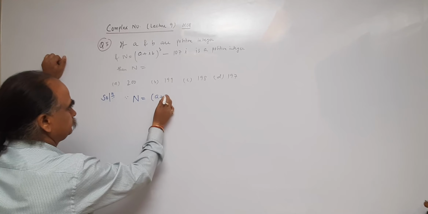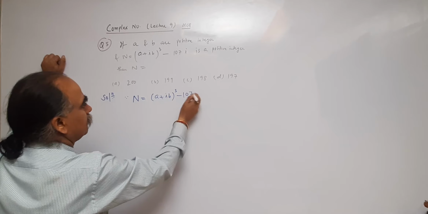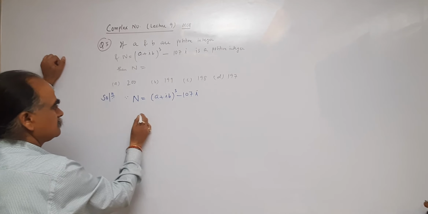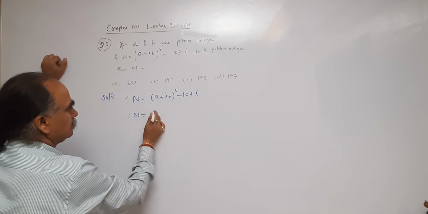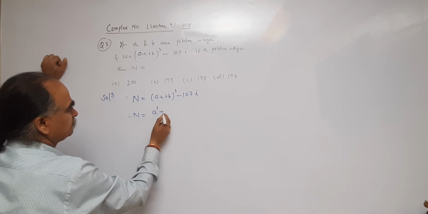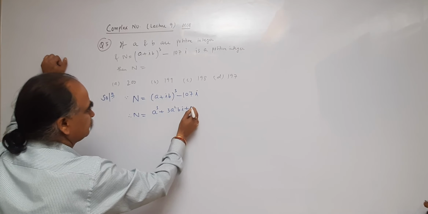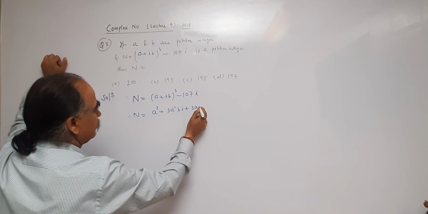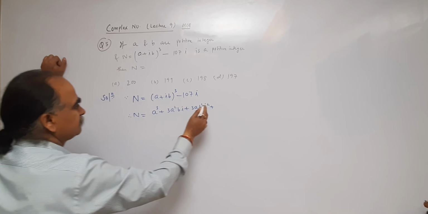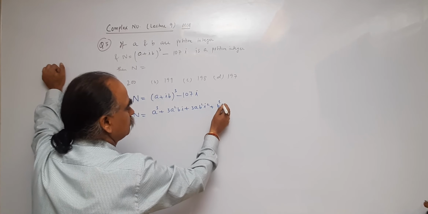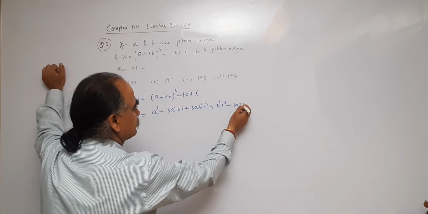n will be (a plus ib) cube minus 107i, which is a cube plus 3a square bi plus 3a b square i square plus b cube i cube minus 107i.